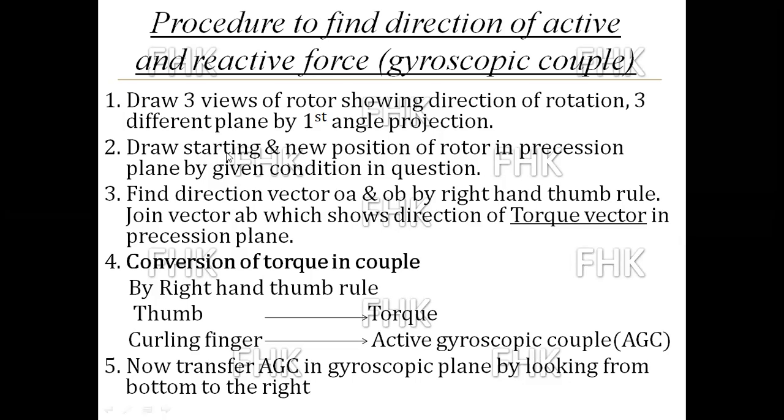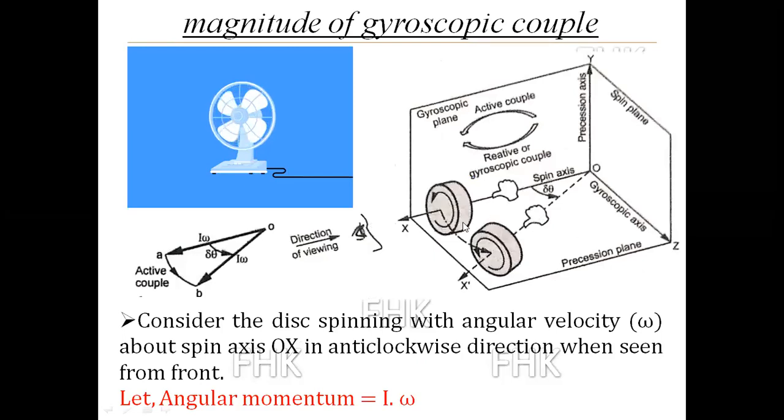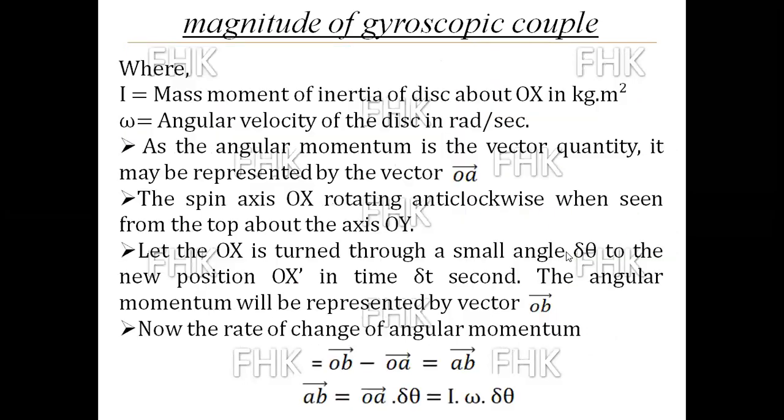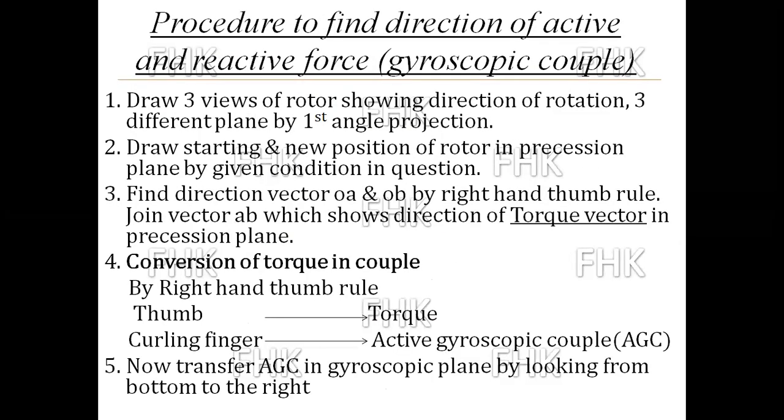Now draw the starting and new position of the rotor in the precession plane. In the precession plane, you have to draw the starting position and final position of the rotor. So you have to clearly understand which is the spin plane, precession plane and gyroscopic plane from the given condition in the problem statement.